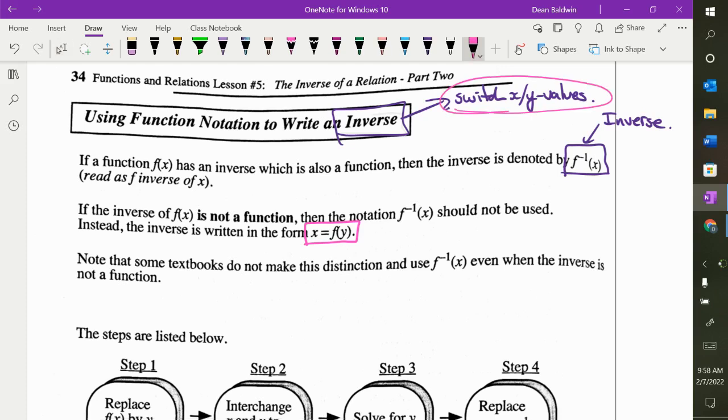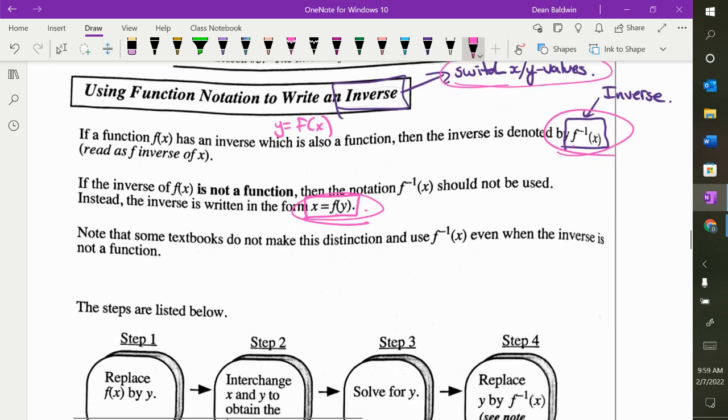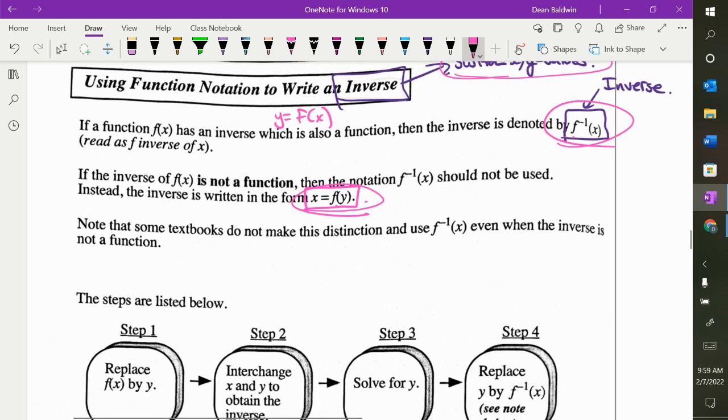So if we have y is equal to f of x, and I switch x and y, what do I get? x is equal to f of y. Okay, so that's all it is. Both of these represent the inverse. This is the one you usually see, but just be aware, you might see one of these. We okay? All right.